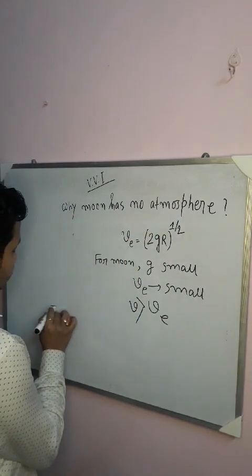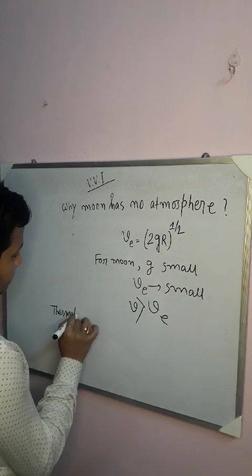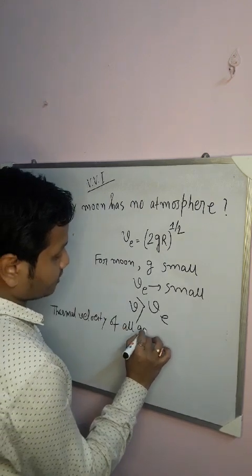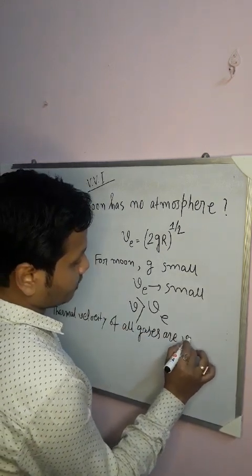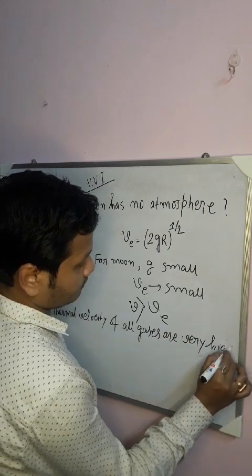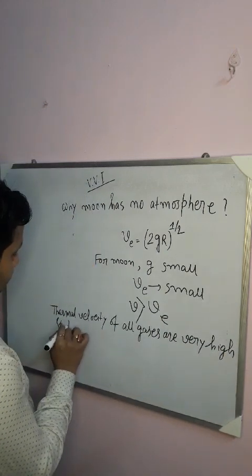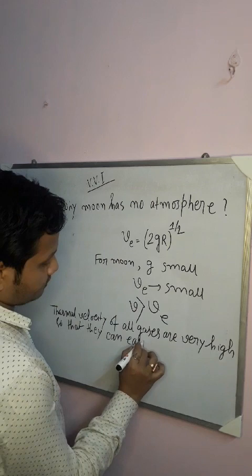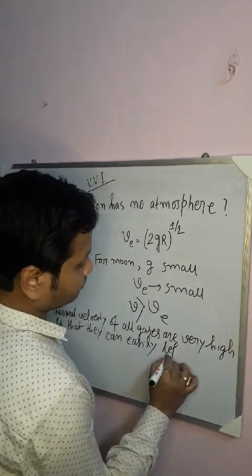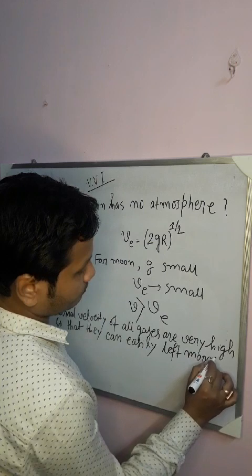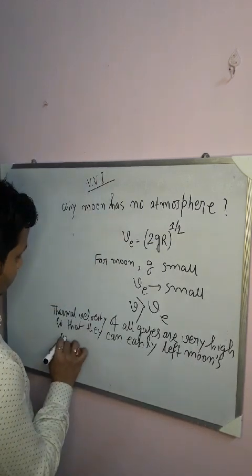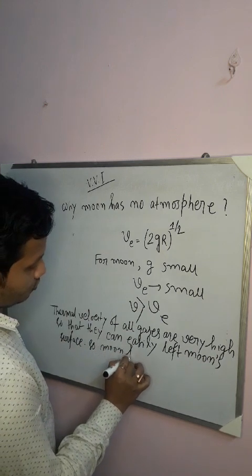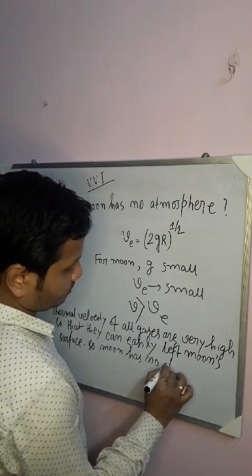Okay, so thermal velocity of all gases is very high, so that they can easily leave moon's surface. So moon has no atmosphere.